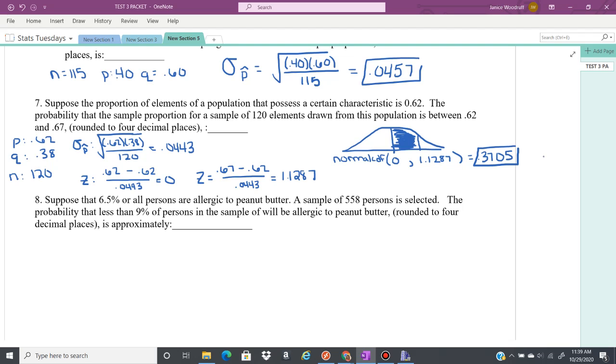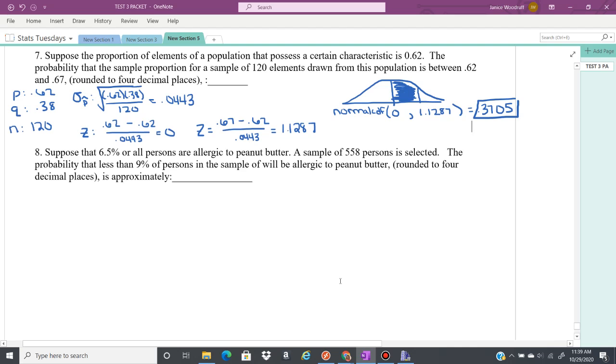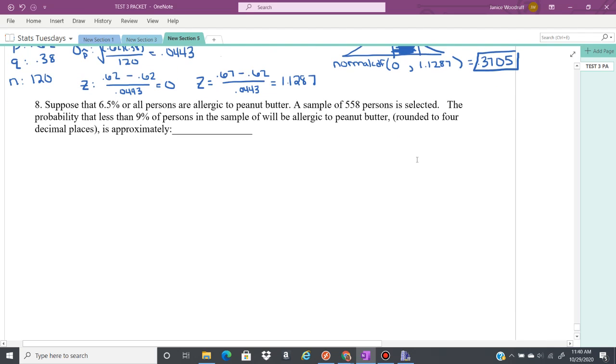All right, and then our last problem. Suppose that 6.5%, I should say, of all persons are allergic to peanut butter. A sample of 558 persons is selected. The probability that less than 9% of persons in the sample will be allergic to peanut butter is what? All right, so let's get the information we need.